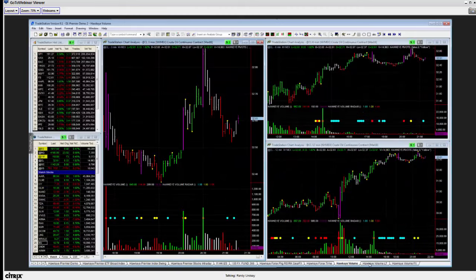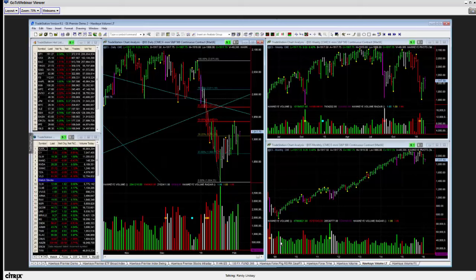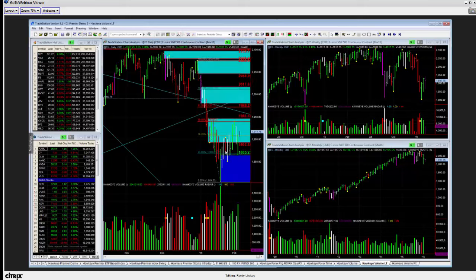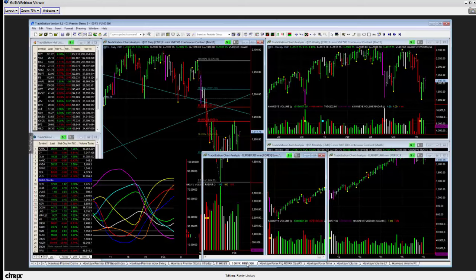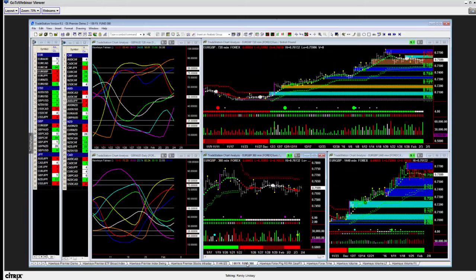So if you're using just plain simple volume and doing a little bit of analysis, then with your zones in there, you can see exactly where those supply and demand zones are and how they interact with your other indicators. They're like any other indicator that can be turned on or off or used in conjunction with whatever else you're trading. The zones are a very important part of your trading arsenal.